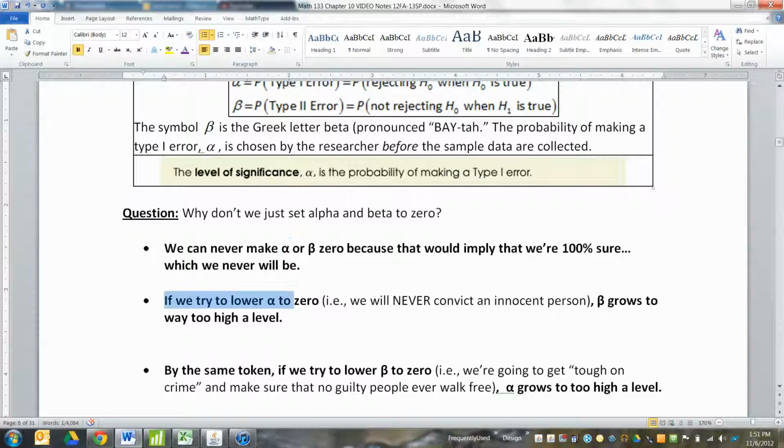If you try to lower alpha, back up for just a second. One of the reasons you can't do it is because if you could make them zero, that would imply that you're 100% certain. You are 100% positive that the convicted person did it, or the innocent person is walking free, etc. And we can never be 100%, even with DNA testing.